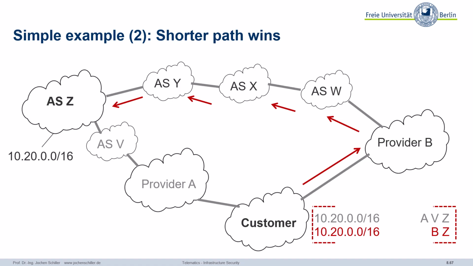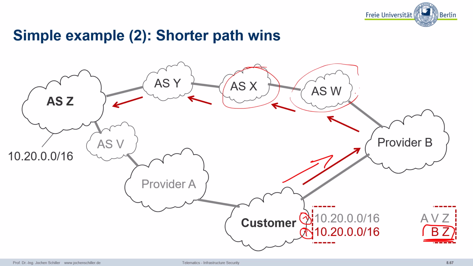What happens? The customer sees, in this case, oh, I've got two alternative paths. This is path 1, this is path 2, but in this case the second one is the shorter one. Oh, that's cool. So let's send all the data for this prefix 10.20.0.0/16 in the direction of provider B. That's okay, because I don't know that in reality there is still W and X and everything in between.